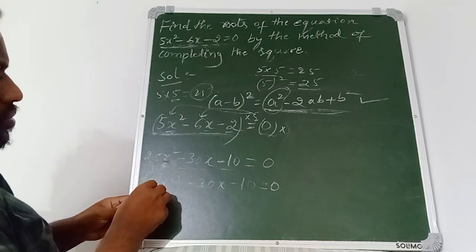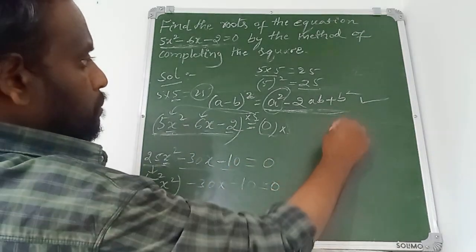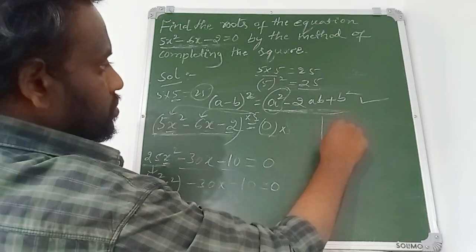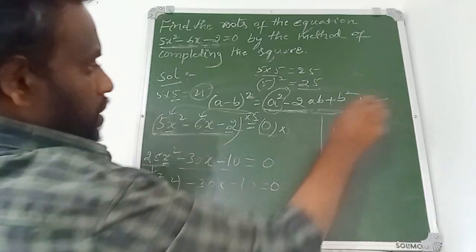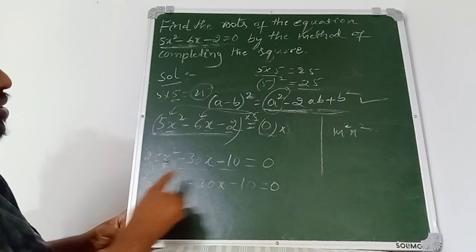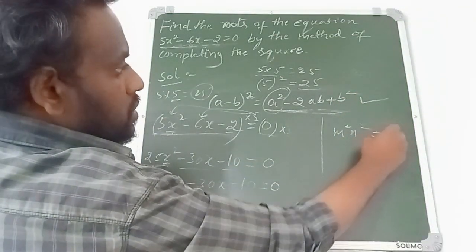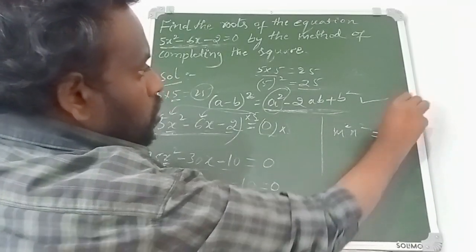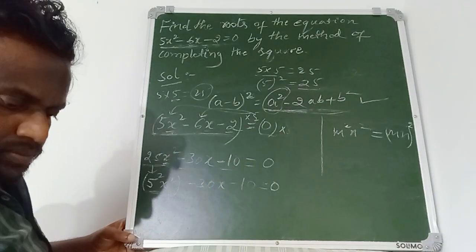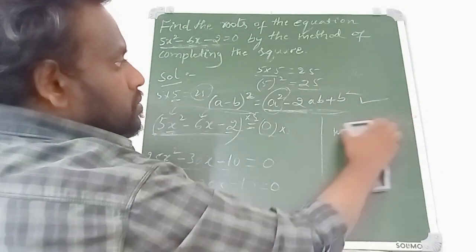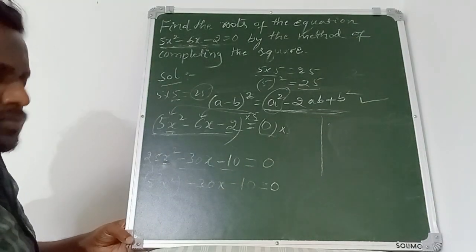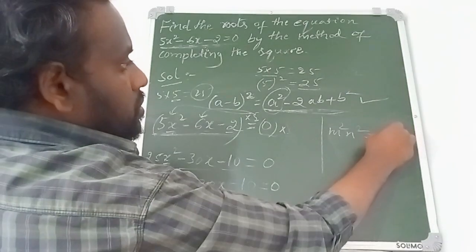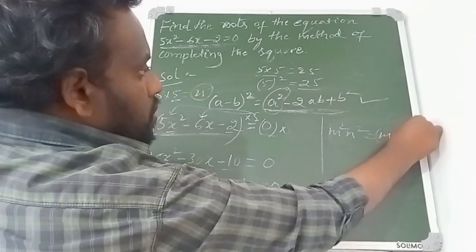Now consider these two. These are like m square n square. This can be written as mn whole square. So m square n square is equal to mn whole square.